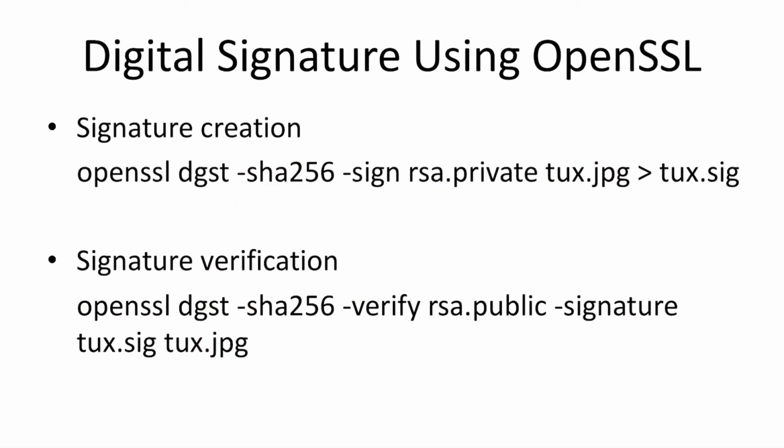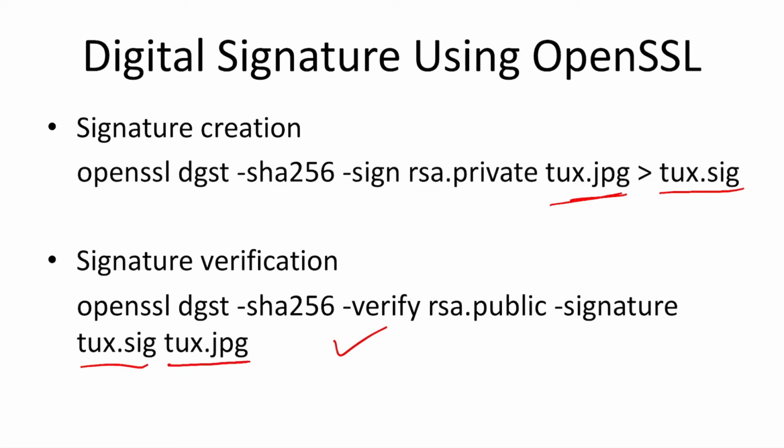OpenSSL provides support for the creation and verification of RSA-based digital signatures on text as well as files. This slide shows the commands needed to create an RSA signature on a JPEG file, as well as how to verify that digital signature. Here, tux.sig represents the signature file created on the tux.jpg file. And this command over here shows how to verify the digital signature, which is stored in the tux.sig file.